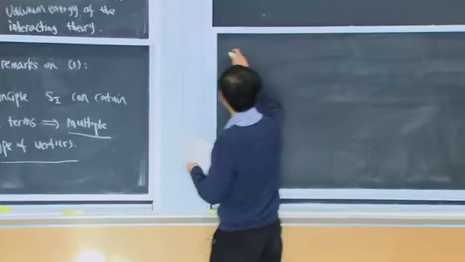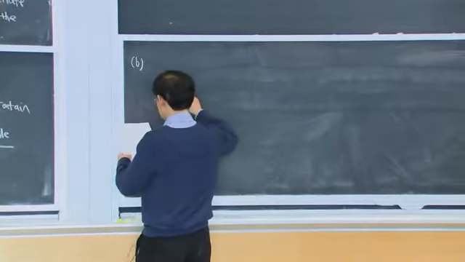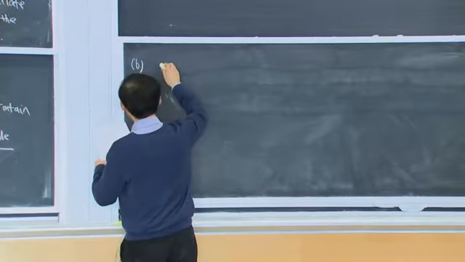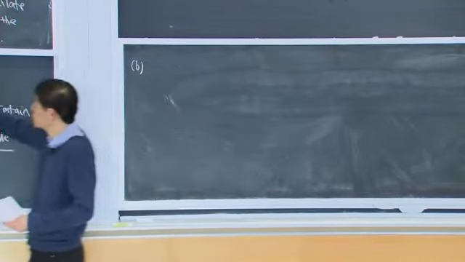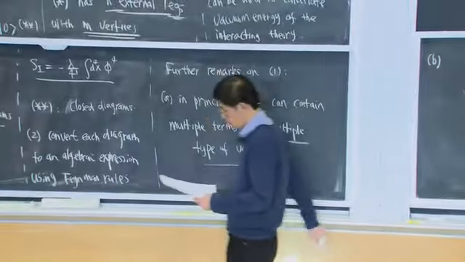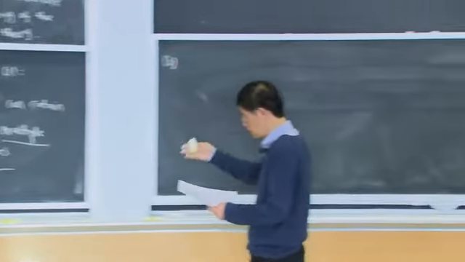Another thing to mention is that in principle we can also have multiple fields. Here we consider only a single scalar field phi, but you can also in principle consider more than one field.